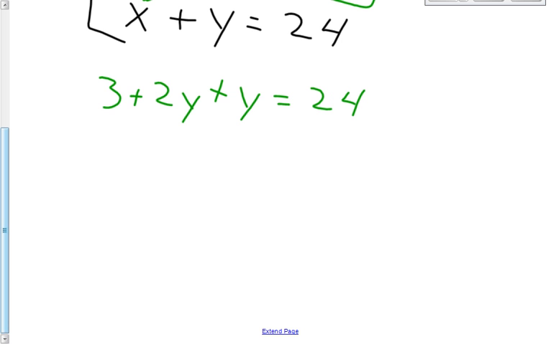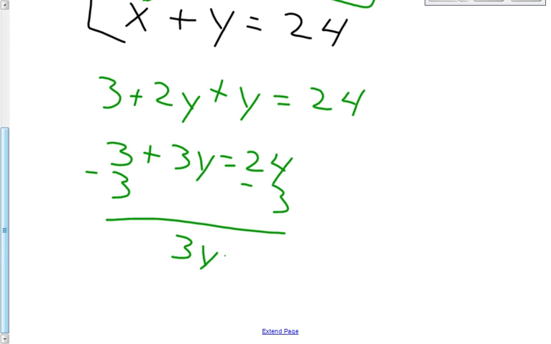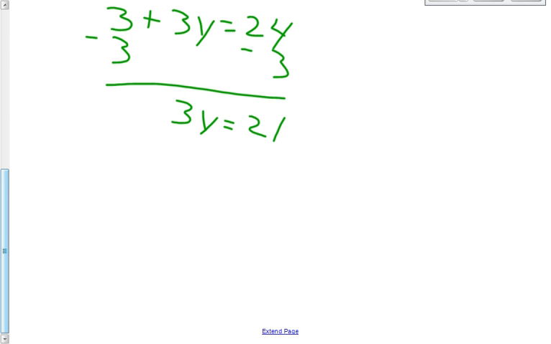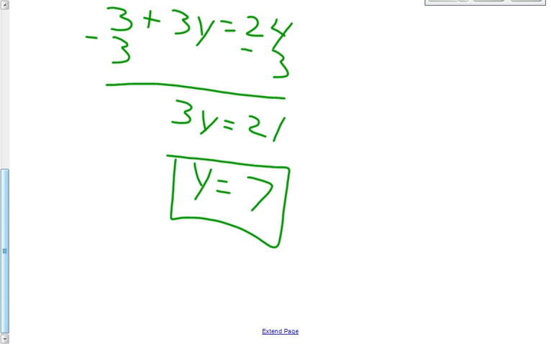In this way, you're going to find what y is. Combining like terms, 3 plus 3y equals 24. Subtract 3 from both sides. 3y equals 21. Getting y all by itself, y would then equal 7.